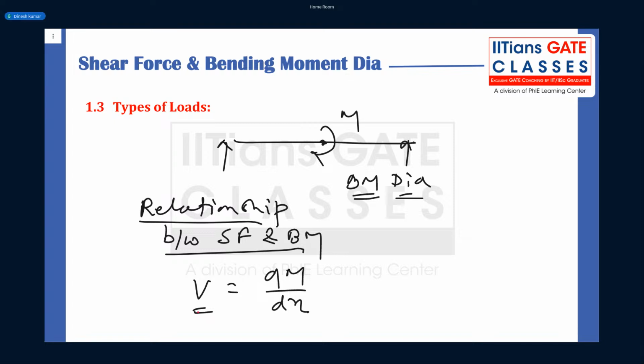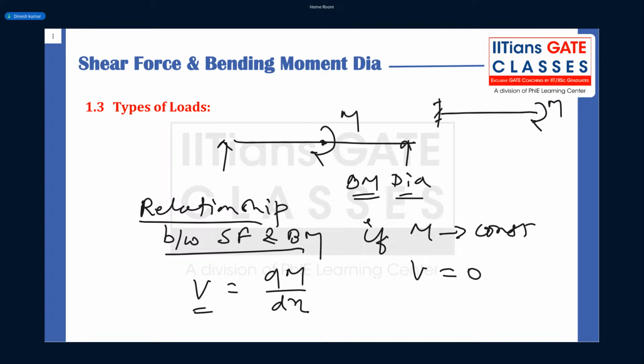Now tell me, if M is constant, what is the shear force? You have a cantilever beam with a point moment. What will be the shear force? V will be 0.